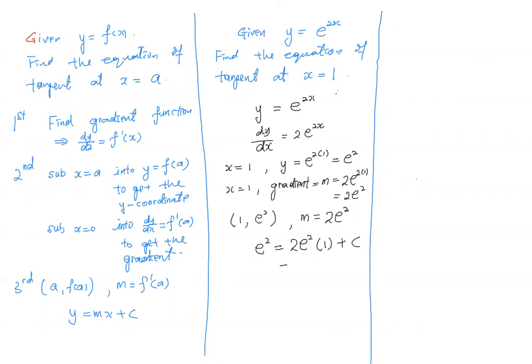So I get the c. 1 e squared minus 2 e squared. So I got negative e squared. So therefore, equation of tangent y equal to mx plus c.